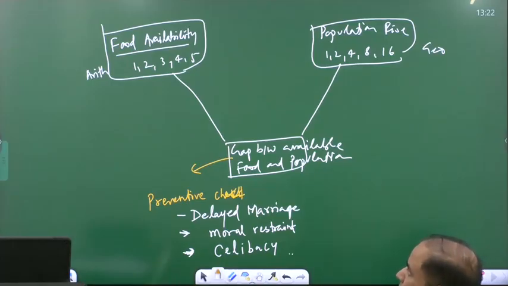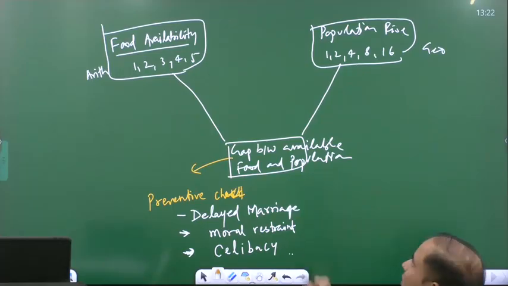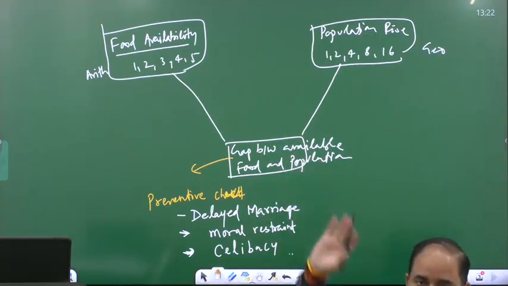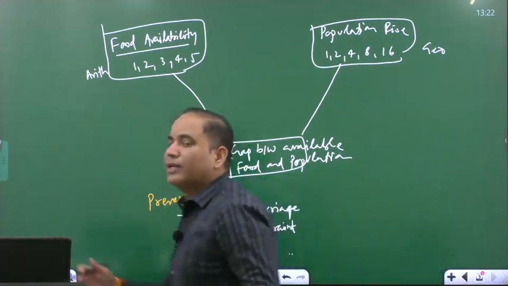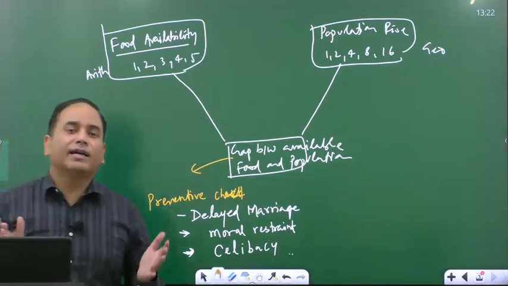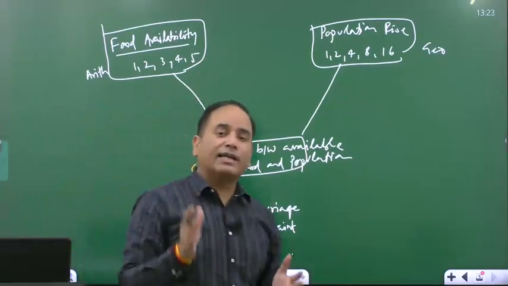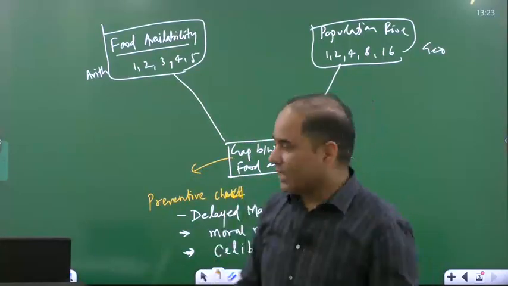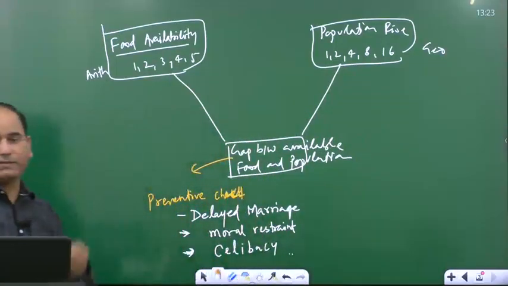Malthus is saying food availability will grow arithmetically, while population will rise geometrically. There will be a gap between the available food and the population. When this gap starts increasing, people will go for the preventive checks: delayed marriage, moral restraint, celibacy.